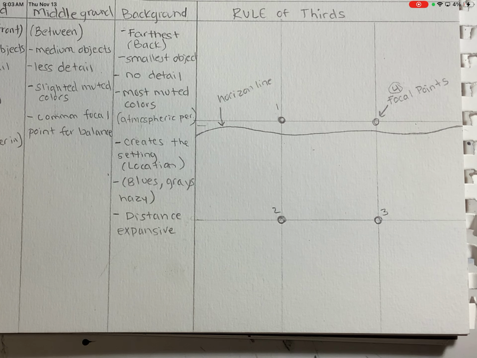So it shows the viewer, we're going to start here, then we're going to look here, and here. So we'll call this our leading lines. You can imagine it as a river or whatever you want.